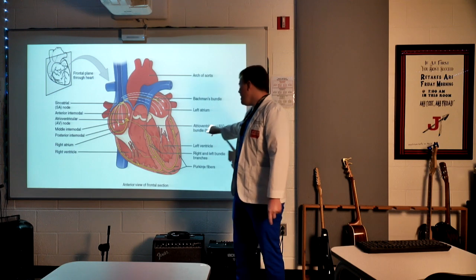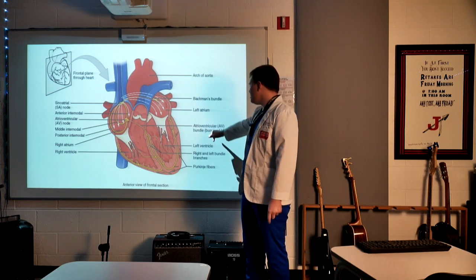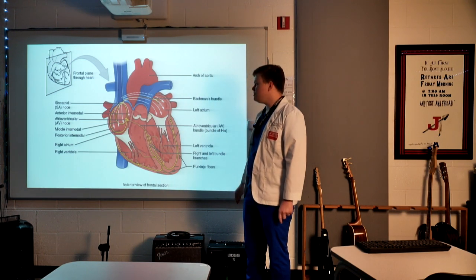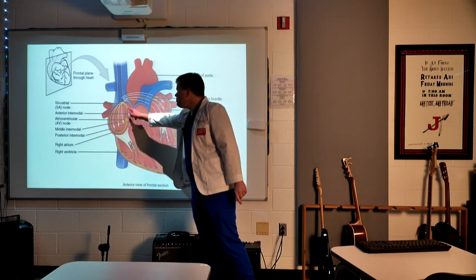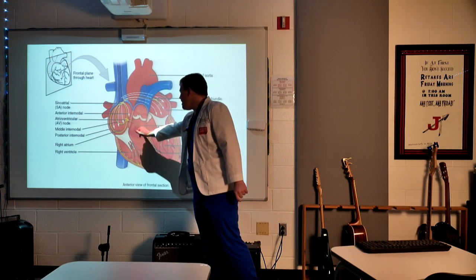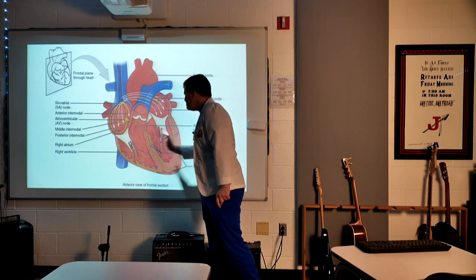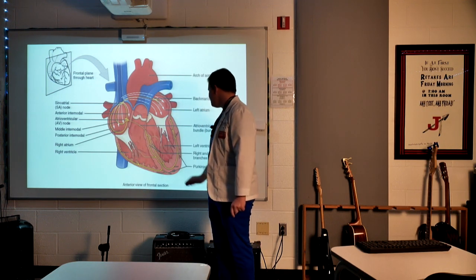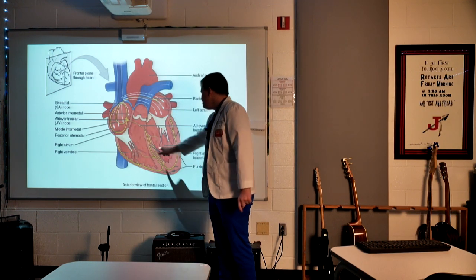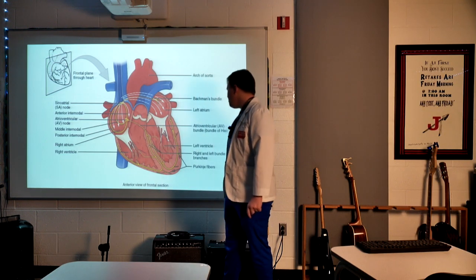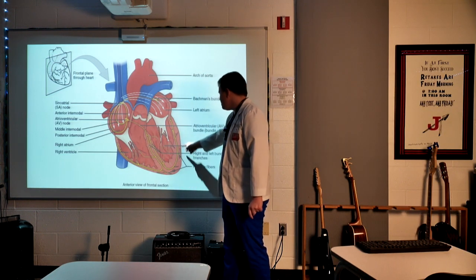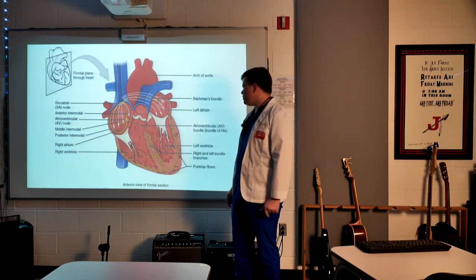It's through something called the AV bundle, or, if you've heard of it, the bundle of His. So after we go through the SA node and AV node, we travel down to the AV bundle, and then in order to get to separate sides of the heart, the left and right ventricles, we pass through the right and left bundle branches, and then out to something called the Purkinje fibers.